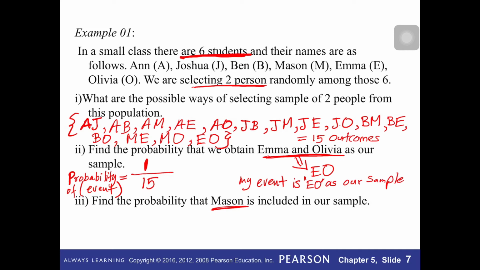Okay, find the probability that Mason is included in our sample. Now we have only one guy. Okay, the other one can be anyone, doesn't matter. It can be Anna, Joshua, Ben, Emma, Olivia, doesn't matter. But Mason should be there. So you can first take a look at all these outcomes and check where we can find capital M. So I can see we can get M here, right?